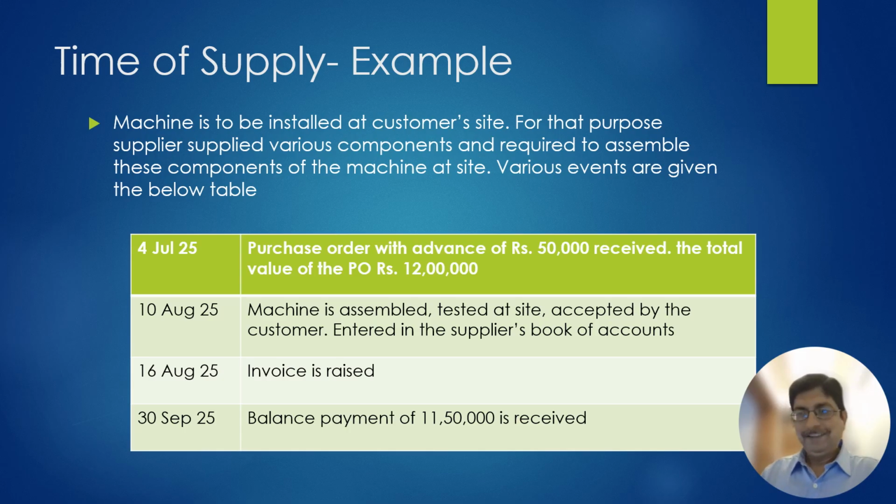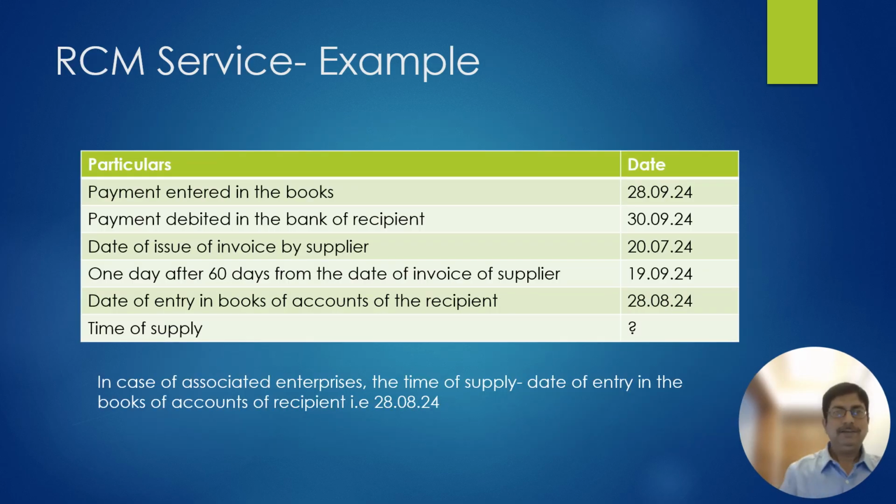Okay, let's move ahead. Let's see one example of reverse charge mechanism in case of services, specifically taken services. In this case, there is nothing like the date of receipt of goods as one of the criteria, as in case of goods. In services it is directly the date of payment.